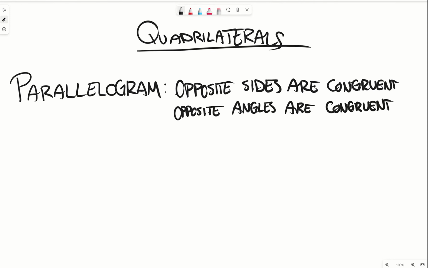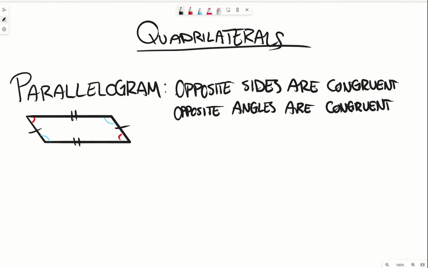Okay, so opposite sides and opposite angles are congruent. So that would be something that looks like this, where I have two congruent opposite sides, and my angles here are also congruent angles. Okay, so that would be a parallelogram. My opposite sides are congruent, and my opposite angles are congruent as well.